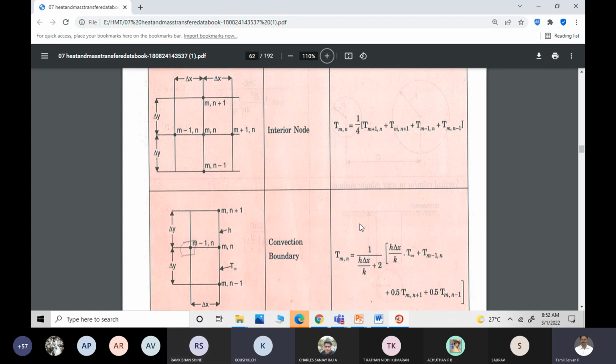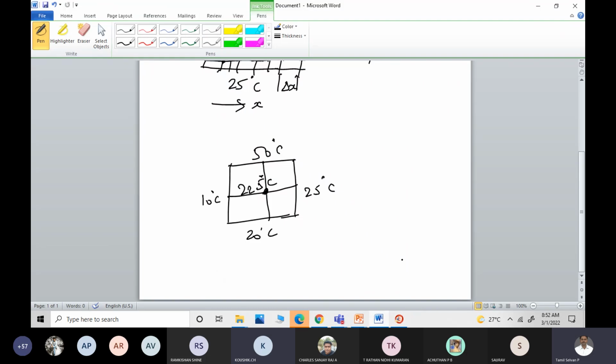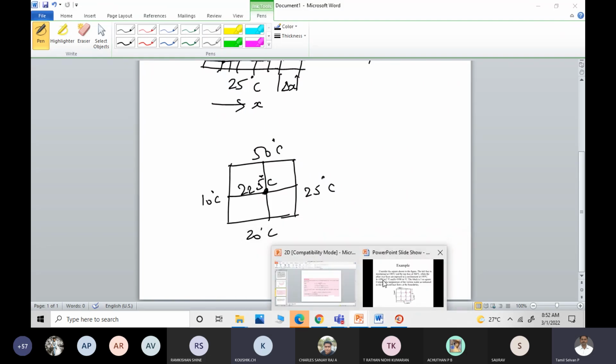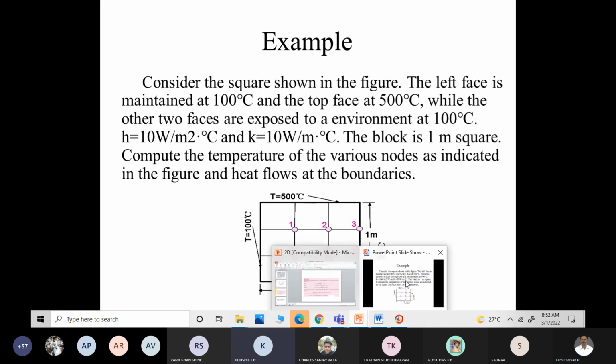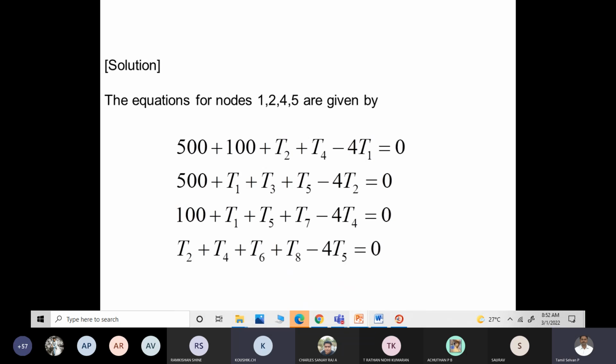Similarly, for the second node, T2, the equation becomes 500 plus T1 plus T3 plus T5. Not T3, because this is exposed to convection boundary. So in that case, you will be getting a different equation.